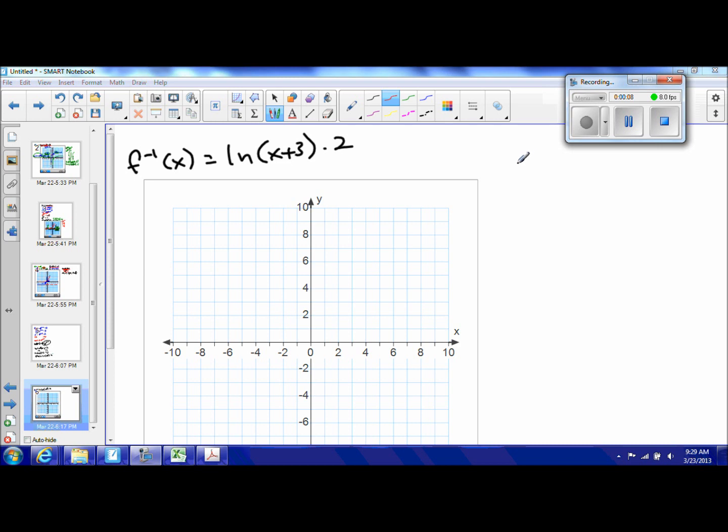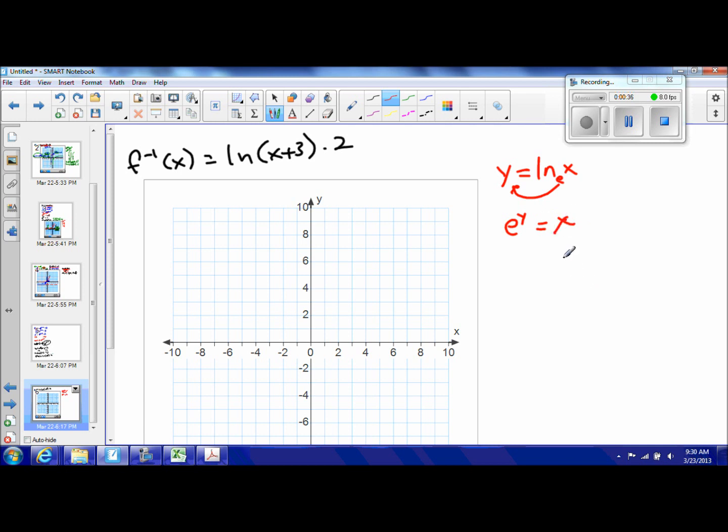So our parent function is ln x. So we have y equals ln x, and we know that the base of ln is e. So I'm going to move my e over to the other side. I'm going to bump up my exponent, so I'm going to have e to the y is equal to x.